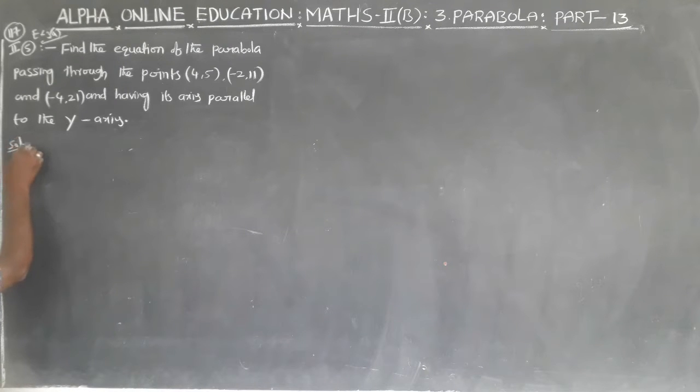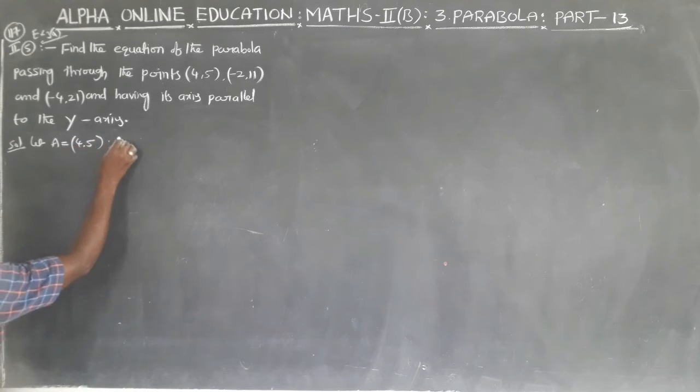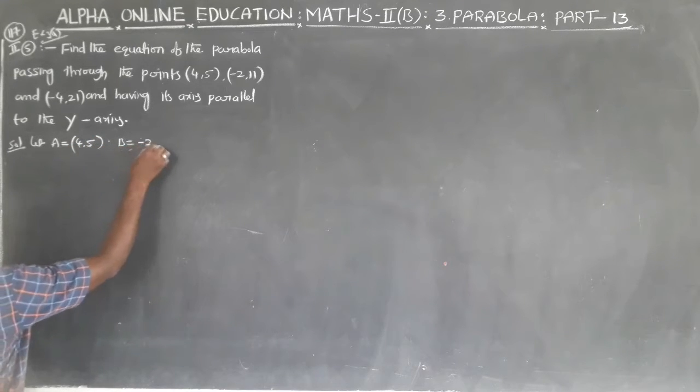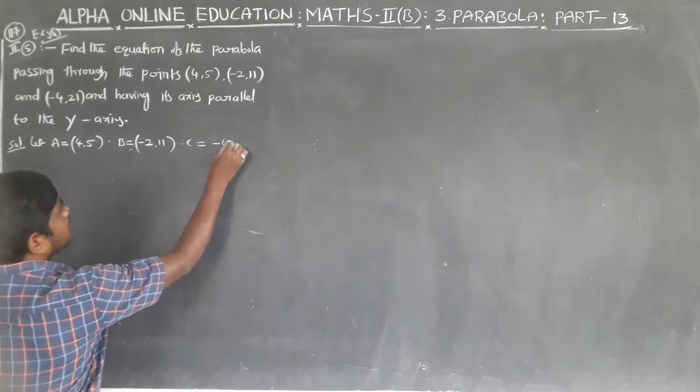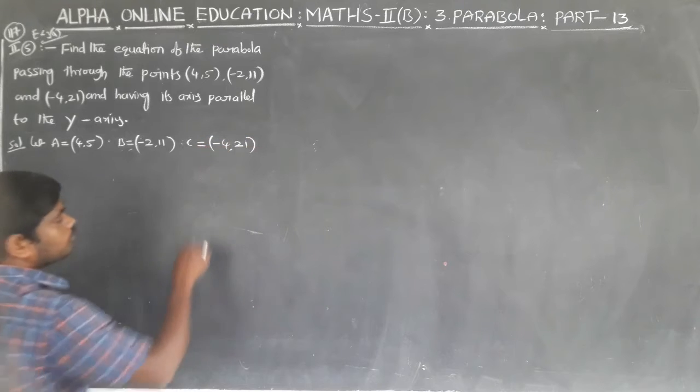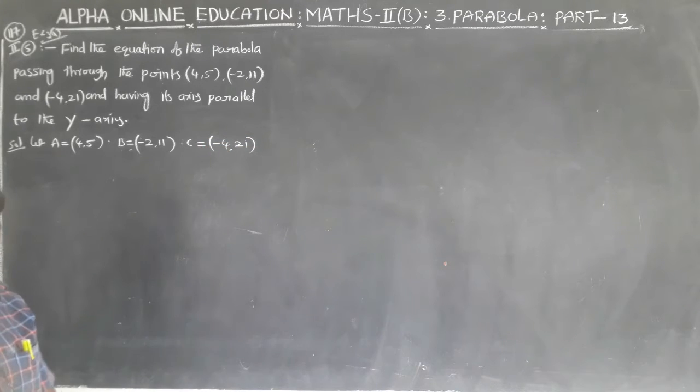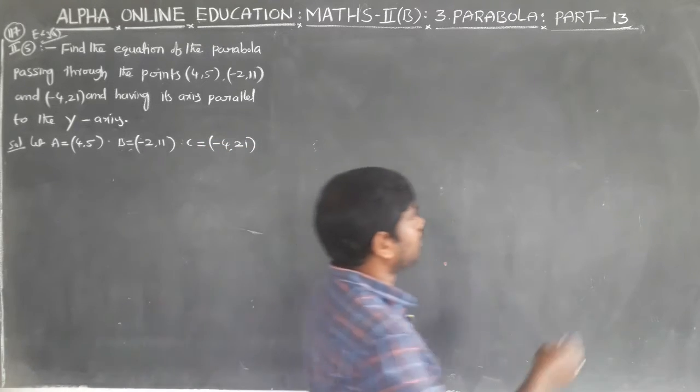Here the given points: let A is equal to (4, 5), B is equal to (-2, 11) and C is equal to (-4, 21). These are the 3 points.